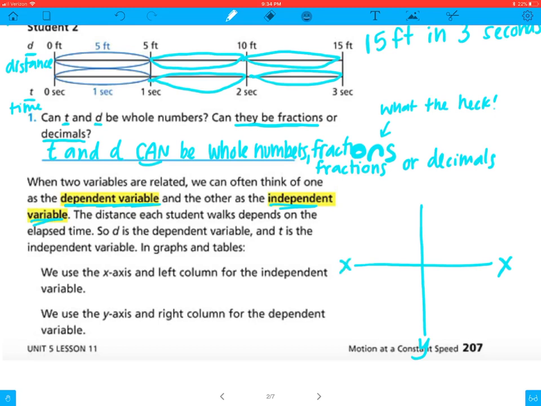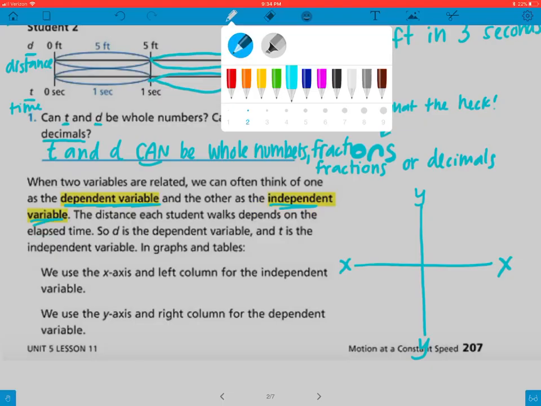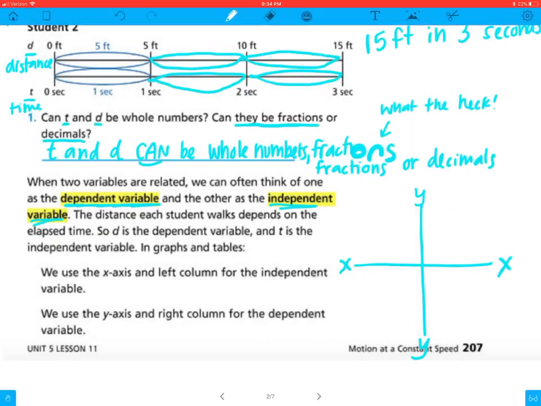If we were to draw this on a graph like this, I labeled the x going across and the y going up and down, so horizontal versus vertical, and I'm going to take my different color and dive right in here, where the independent variable will be on the x and the y will be the dependent variable. We could break down those words as far as what dependent and independent mean.